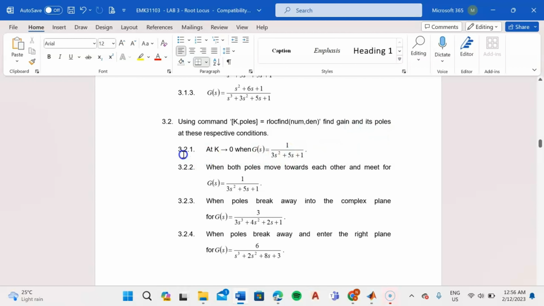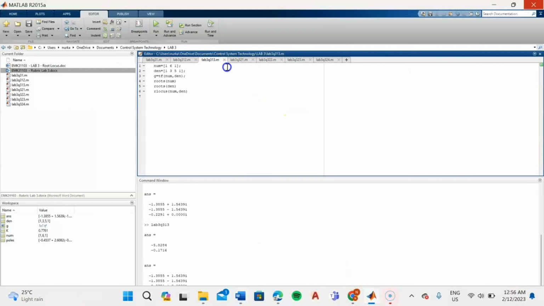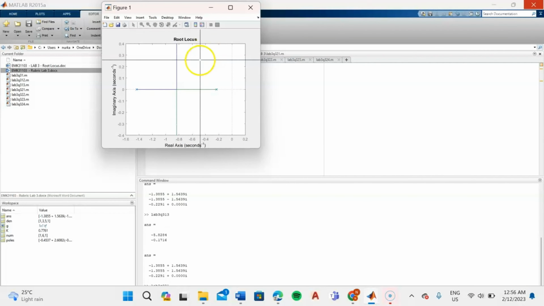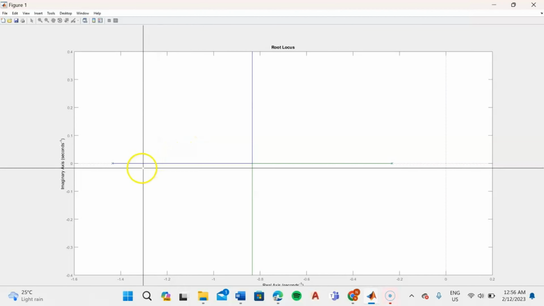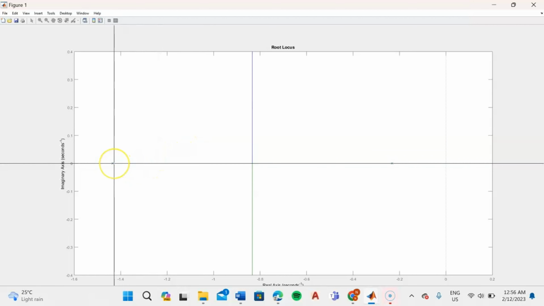Okay, questions 3.2.1, k equals to 0, and this is the question, which is numerator 1, denominator value 351. Okay, so run the circuit, and then it states that we need to find k equals to 0.